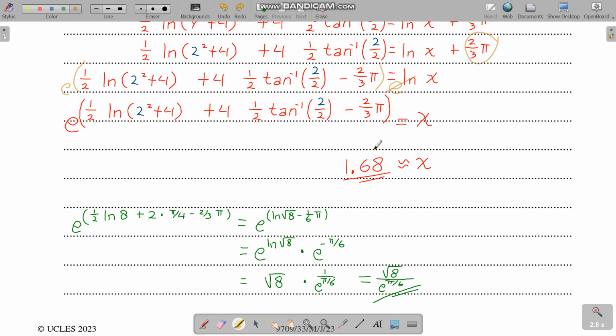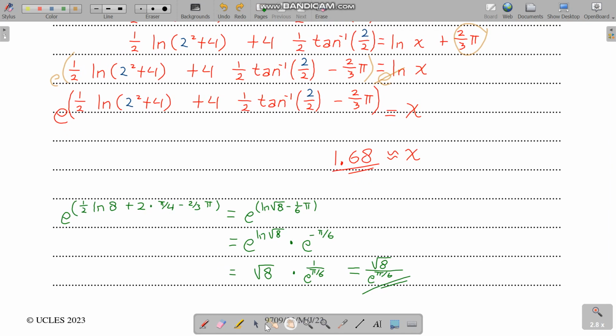Now in case you want to use the exact value, well, you're gonna have to simplify things. This is 8 and this is actually 1. Inverse tangent 1 is actually pi over 4. You can use your calculator and you can move this 1/2 inside the argument, so it's √8.